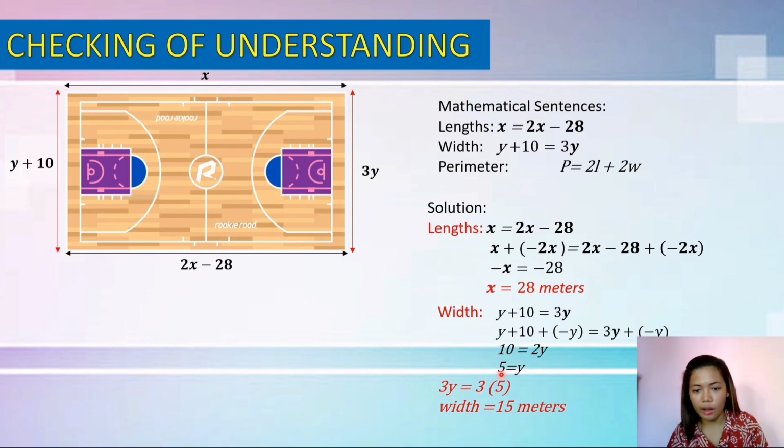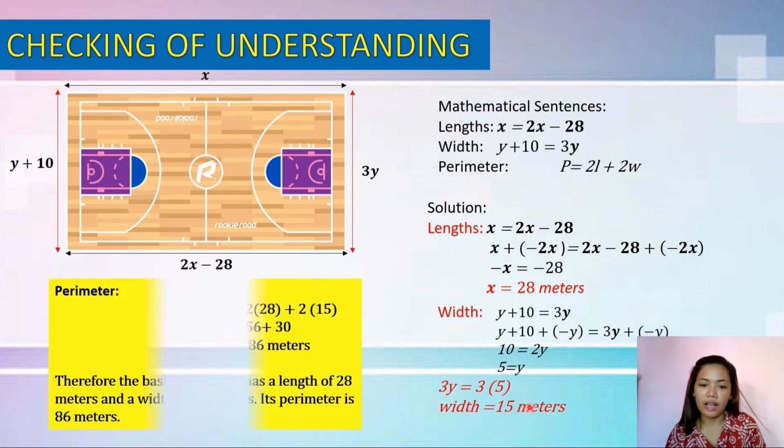Now, this is not yet our width. One of the widths is given as 3y, not simply y. So we need to multiply y by 3 so that we have the width. Since y is 5, the product is 15. So our width is equal to 15 meters.